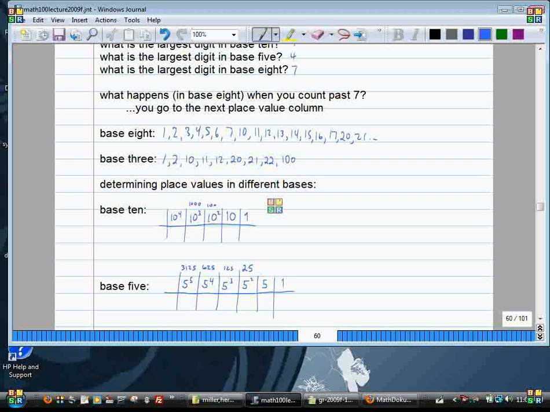After 1, we'd like to write the number 2, but we can't. So what do we write? What comes after 1? 10. Next place value. Then we'd like to write 20, but we don't have a 2, so instead it would be 100.